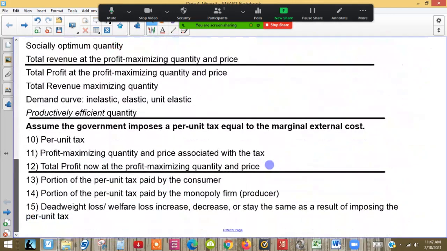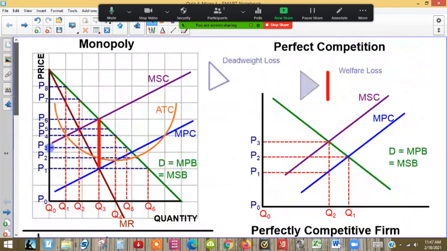Now, next question: what would be the portion of the per unit tax paid by the consumer? The easiest way to get this answer is just to look at the increase in the price, from where the price was before the tax to where the price was after the tax. So the difference between P7 and P6 is the amount of the tax that the consumer would have to pay.